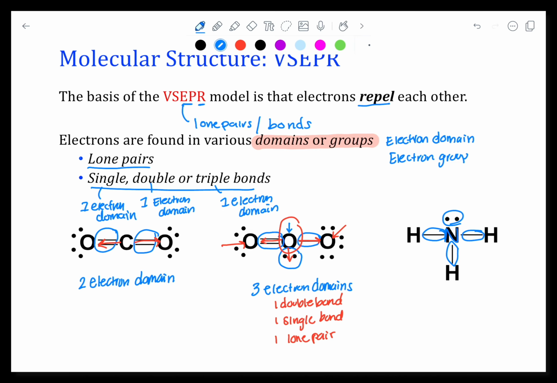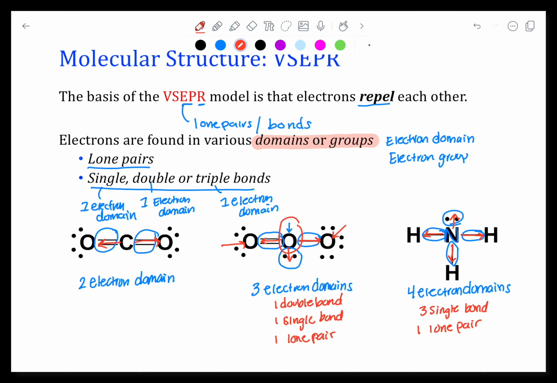So NH3 has 4 electron domains, because it has electrons going in 1, 2, 3, 4 directions. So we have 3 single bonds and 1 lone pair on our central nitrogen.